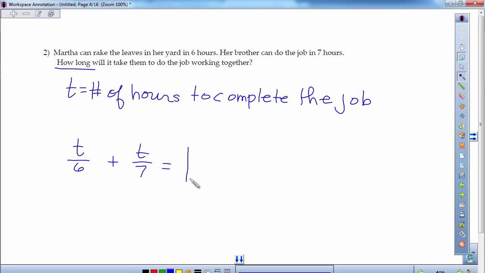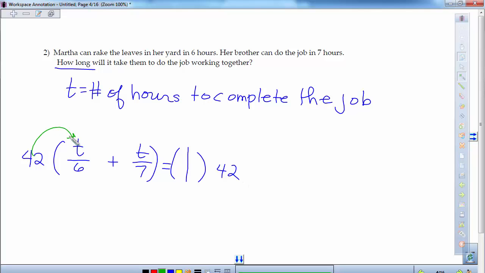So to solve this equation, I'm going to multiply both sides by my least common denominator, which in this case is 42. So if I multiply by 42 on the left and also on the right, of course I'll distribute that 42 to each term. So I've got two terms on the left.